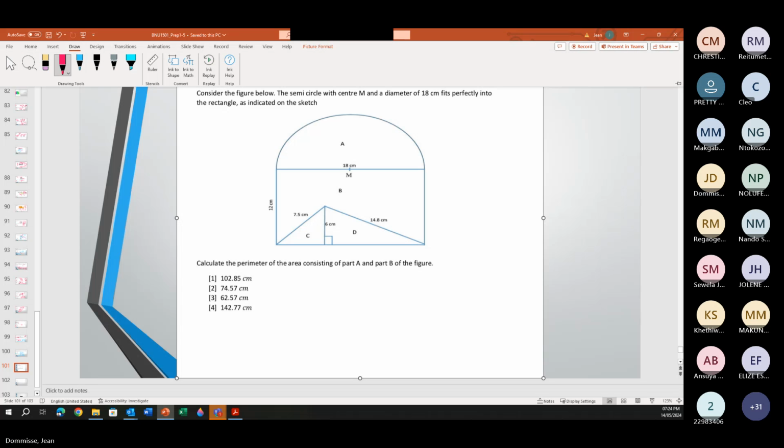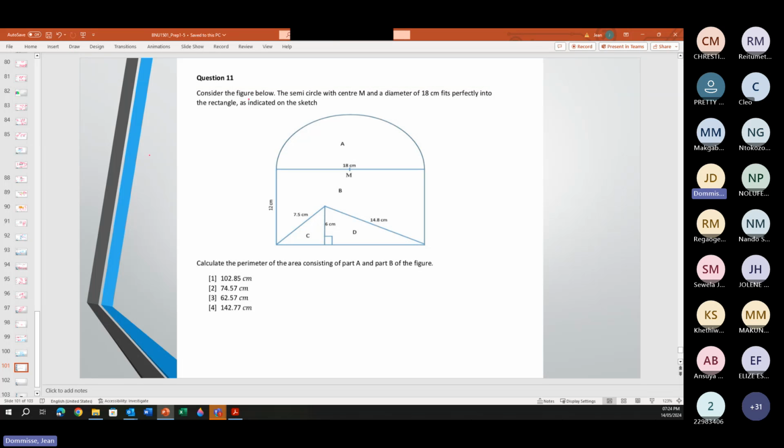Consider the figure below. The semicircle with M and diameter fits perfectly into the rectangle as indicated on the sketch. Calculate the perimeter of the area consisting of part A and part B of the figure.